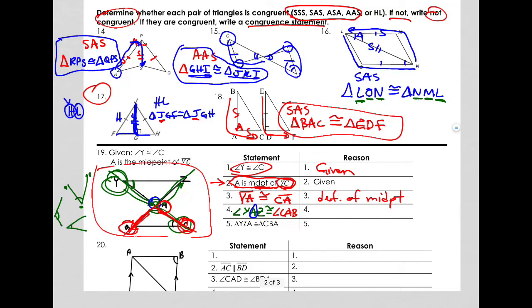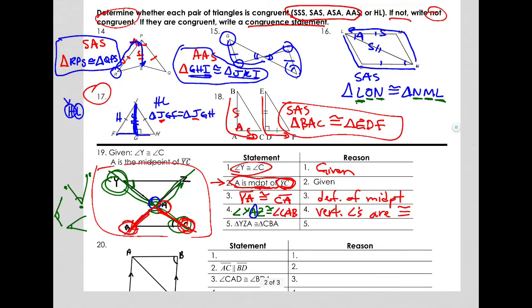Alright. So now, what did we mark? We marked vertical angles. And vertical angles are congruent. I should probably put the word "are" in there, so let me erase that really quick. Are congruent. Alright, so our last statement. Well, okay, what do we know?